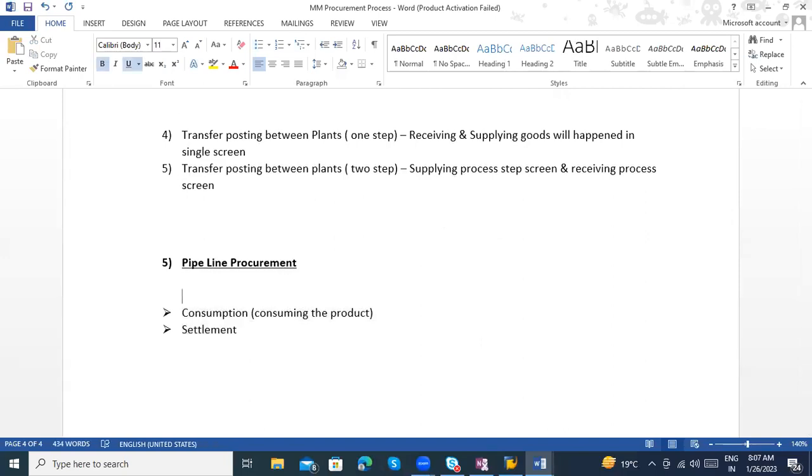Initially we request the vendor to please connect the pipes to my location, and whenever required I will withdraw the stock. At the initial stage we deal with the price and all the data. That is the pipeline procurement process.